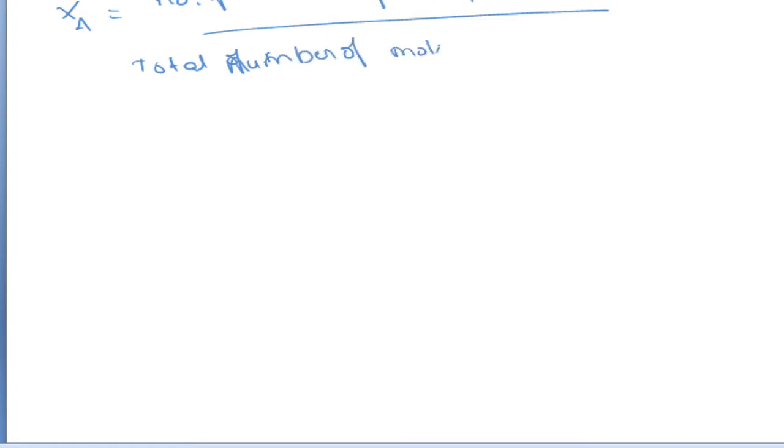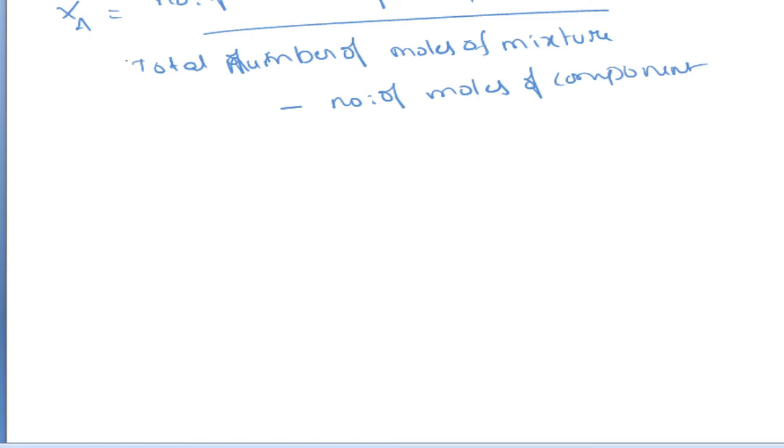You can write it like this: XA is equal to number of moles of component A divided by total number of moles of mixture minus number of moles of component A. That means solute free moles.